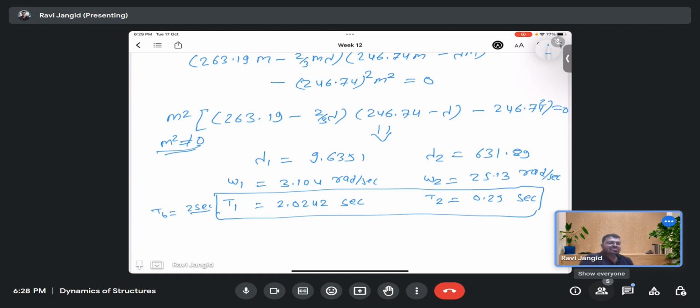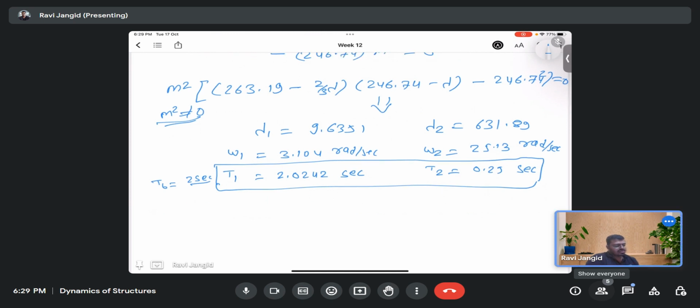Why is it increased? Anyone? Why is it increased? It increases because there is some flexibility in the superstructure. Yes, so that's why it increases. So now calculate the mode shapes.